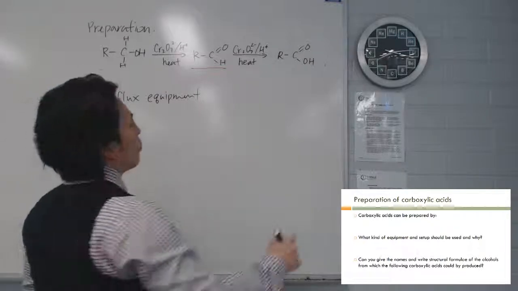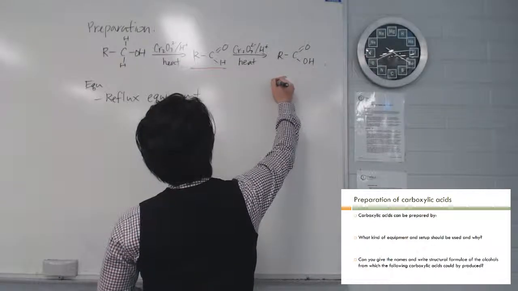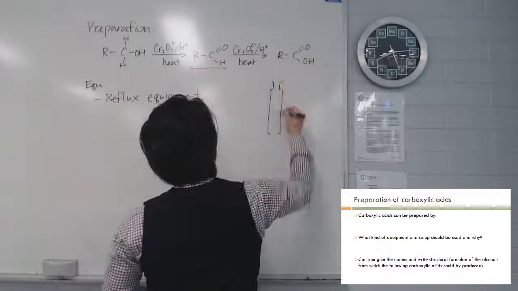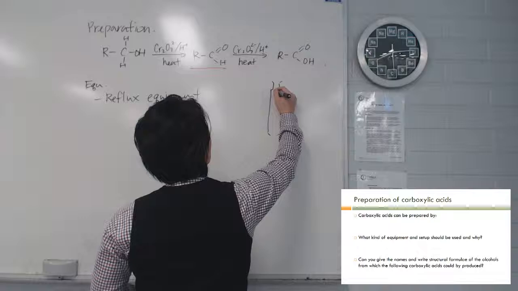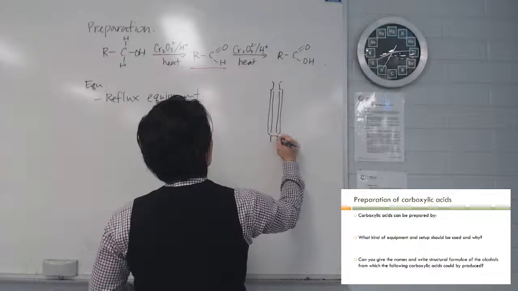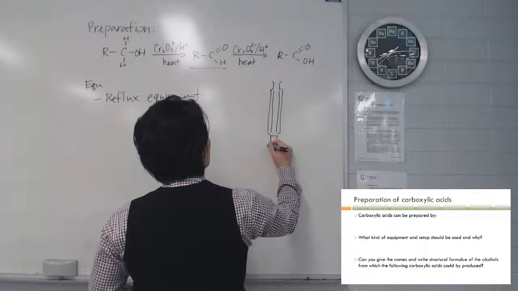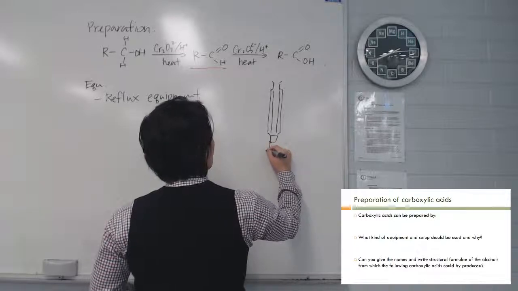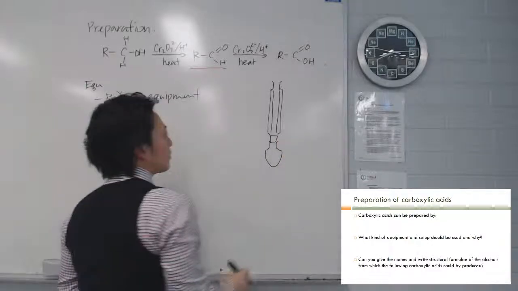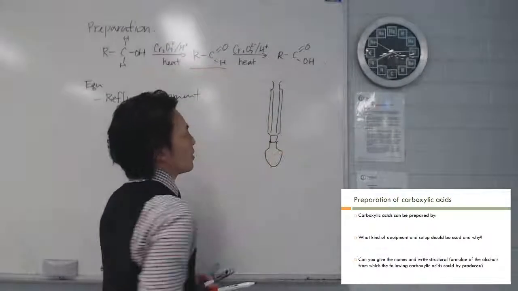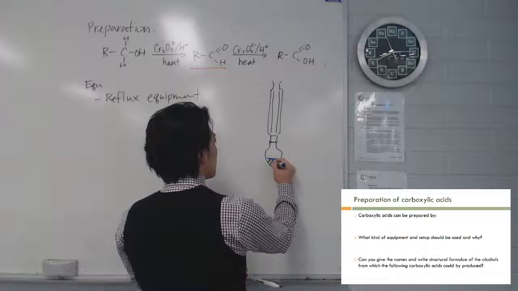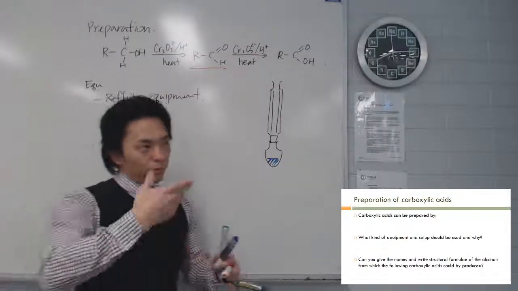In a slight white space, you can draw a diagram even. So what you can have is a pear-shaped flask and reactant product mixture in it.